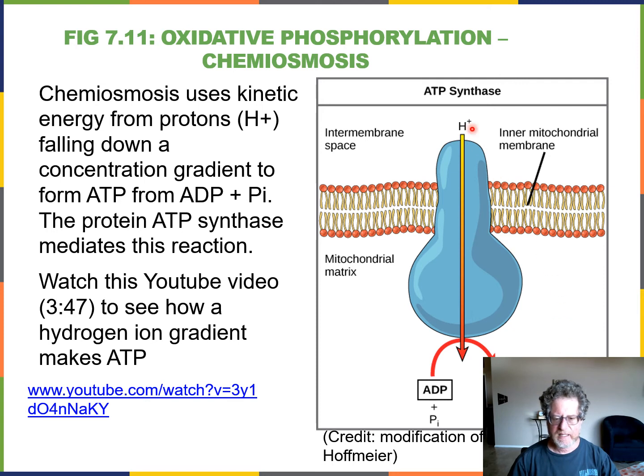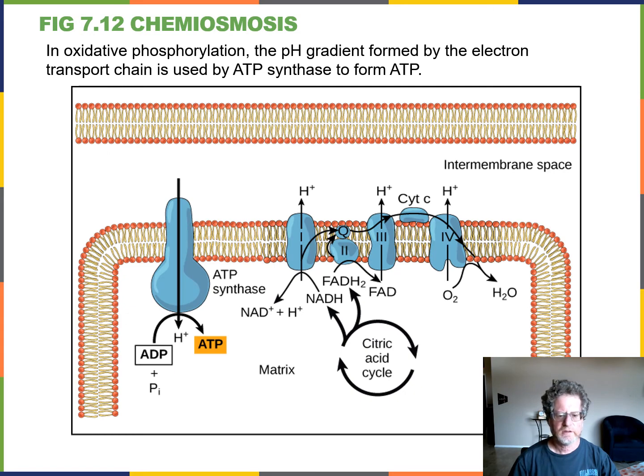People say, well, it's kind of like water running over a dam, turning a turbine and making electricity. Instead, you have H positive flowing over a protein and adding a phosphate group to ADP to make ATP. Here they show both the inner membrane and the outer membrane.